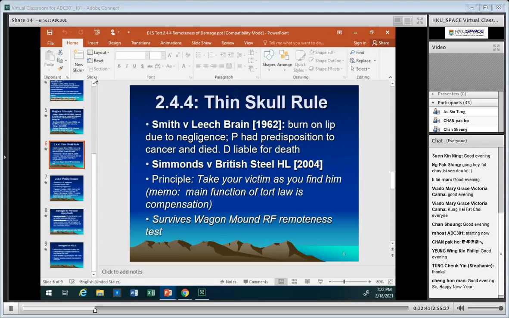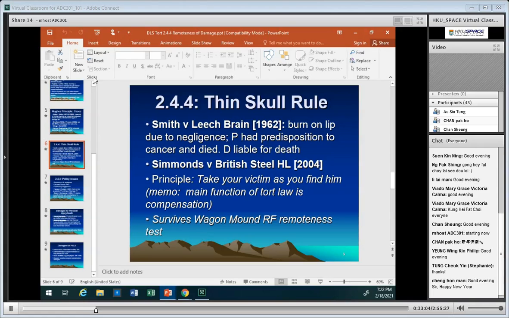It does come under the general heading of remoteness of damage, but the courts are saying that the thin skull rule survives the remoteness rules laid down in the Wagon Mound case. So remember, what type of damages will a defendant be liable for?